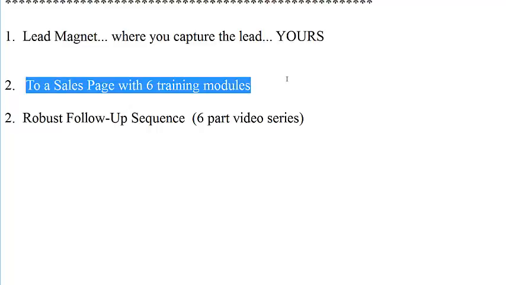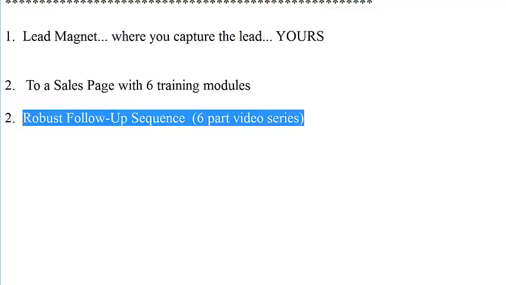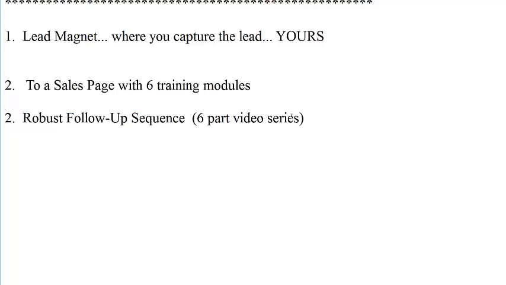Some are going to view module 1, and then the kids are going to be screaming in the background and they've got to go and what have you. We do tell them to bookmark the page so they can come back. But since we know that not everybody's going to view all 6 modules right away, all right, this is where the robust follow-up sequence is going to be there, so that you now will have something, no matter what autoresponder that you might be using, you'll be able to leverage that email sequence, okay?